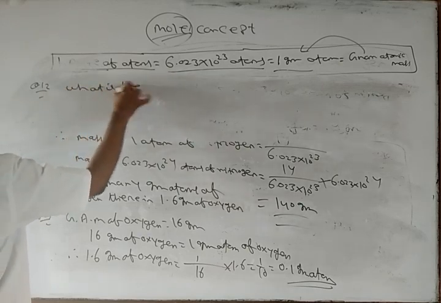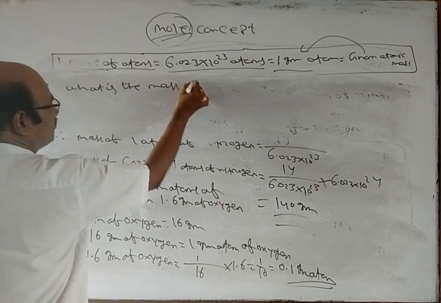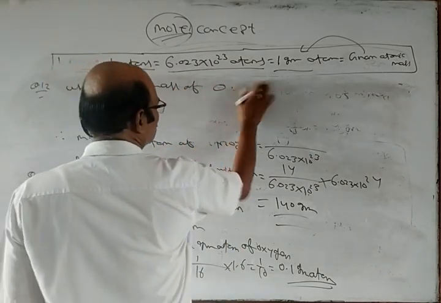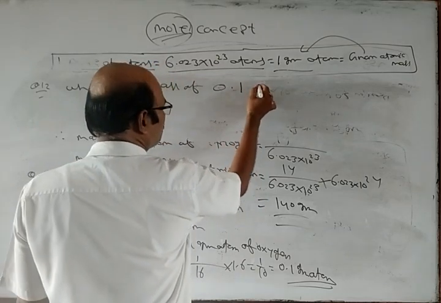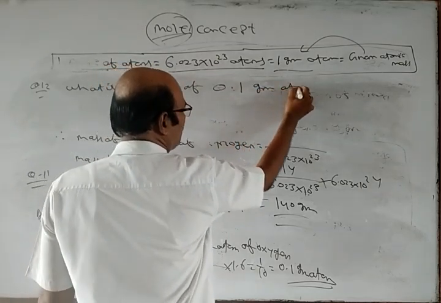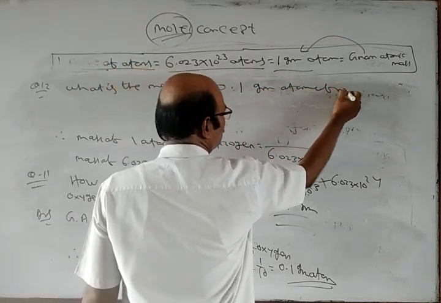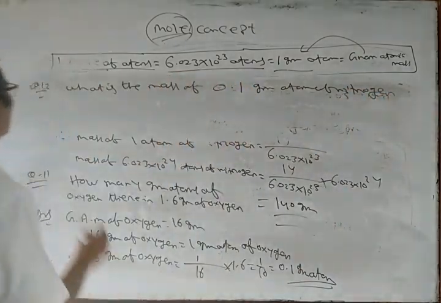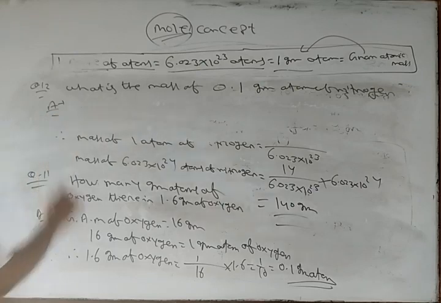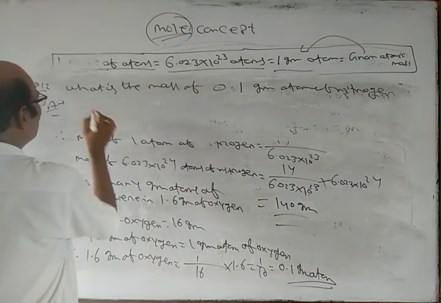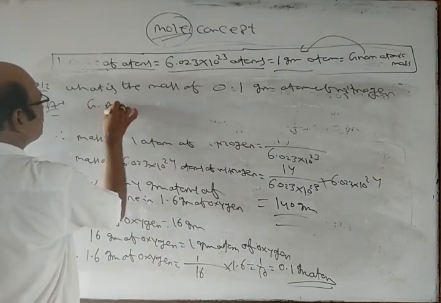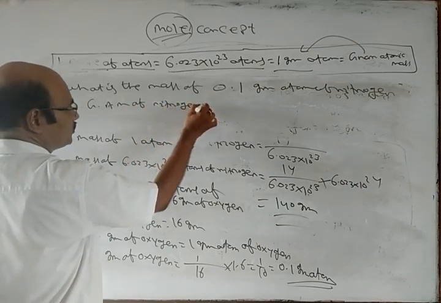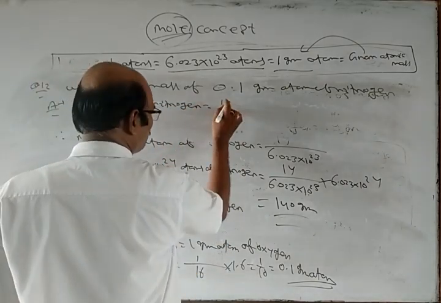What is the mass of 0.1 gram atom of nitrogen? Okay. So we know 1 gram atom equal to gram atomic mass. Okay. So gram atomic mass of nitrogen is equal to what? 14 gram.